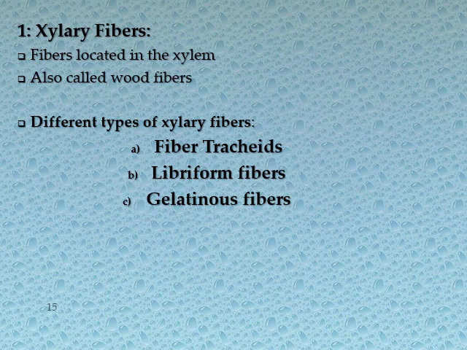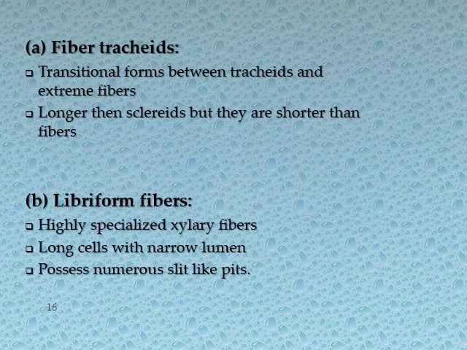The xylem fibers are of different types. The first we have is fiber tracheids, that is also called tracheid fiber. Then we have libriform fibers, and in the end we have mucilaginous or gelatinous fibers. So the first type of xylem fiber or wood fiber is fiber tracheids.